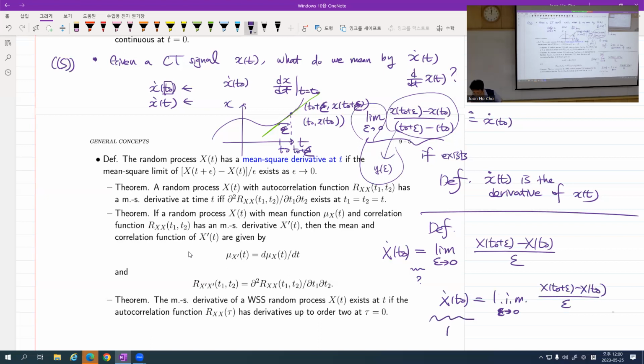So this is the mean square derivative of x at t0, something like that. Got it? And this is, again, a notation.